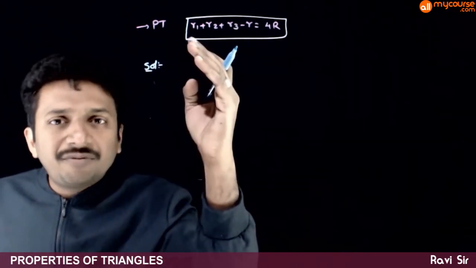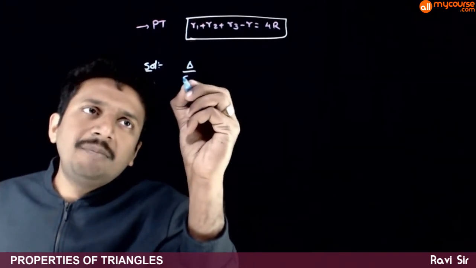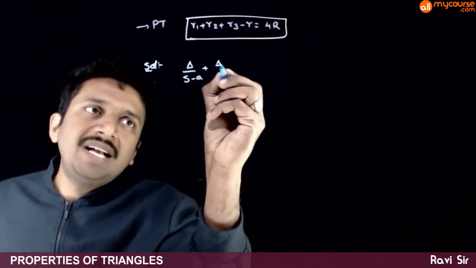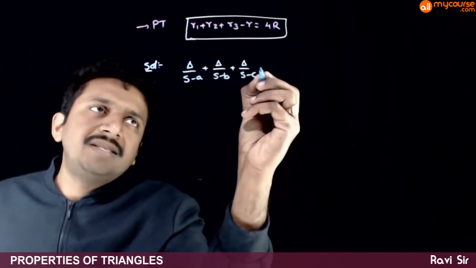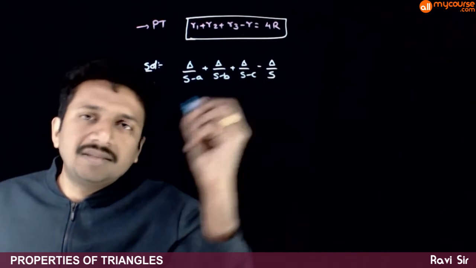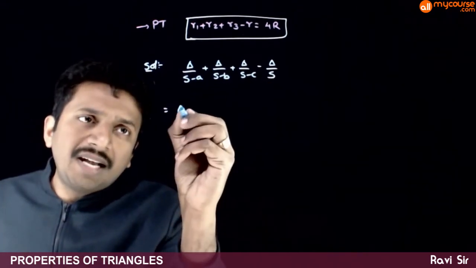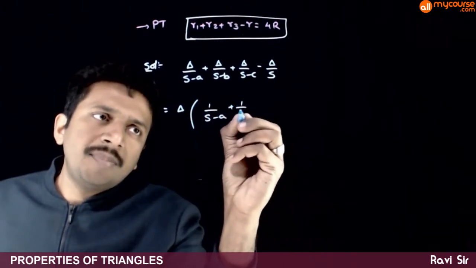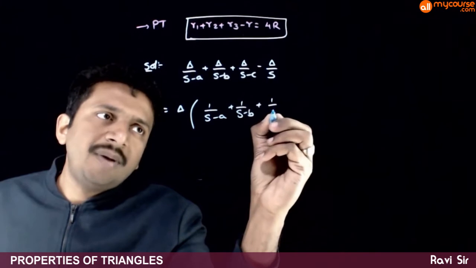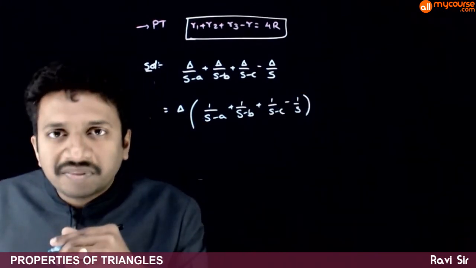I'll substitute the basic formulas for these terms. r1 is delta by s minus a, plus delta by s minus b, plus delta by s minus c, minus delta by s. That is equal to, if you take delta as common, 1 by s minus a plus 1 by s minus b plus 1 by s minus c minus 1 by s.